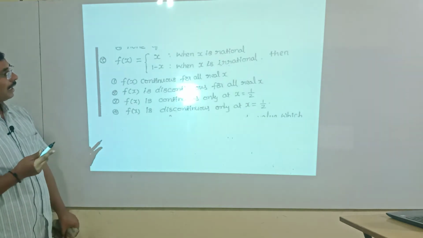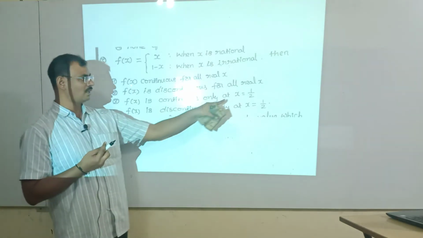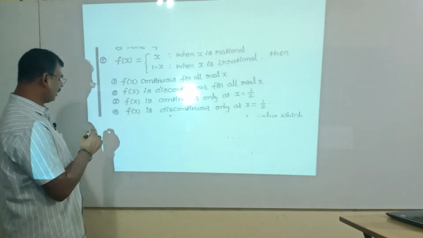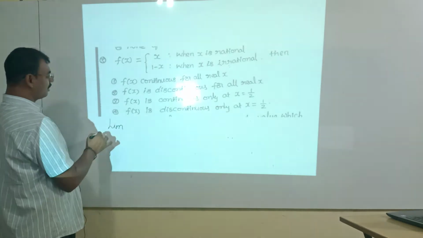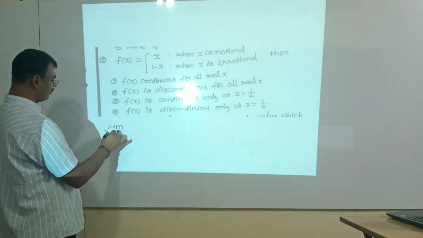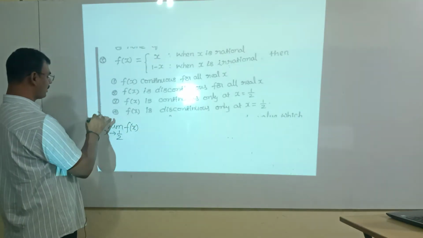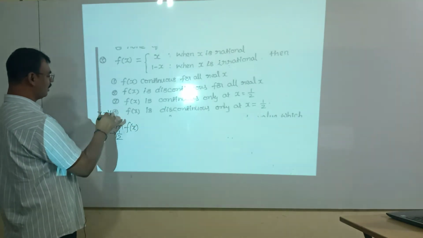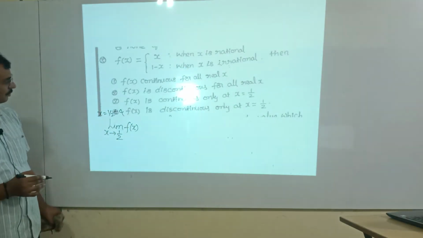Okay. I would have checked at one rational number. Already there is a rational number 1 by 2. Let us see rational number here. Limit x tends to 1 by 2 of f of x. If x is equal to 1 by 2, this is what you call a rational number.